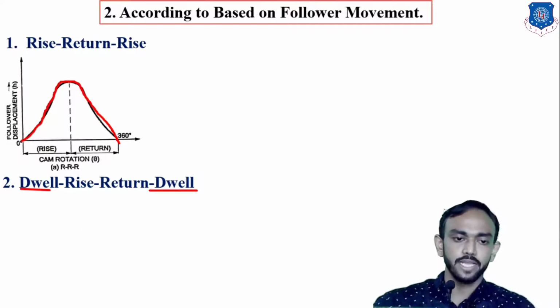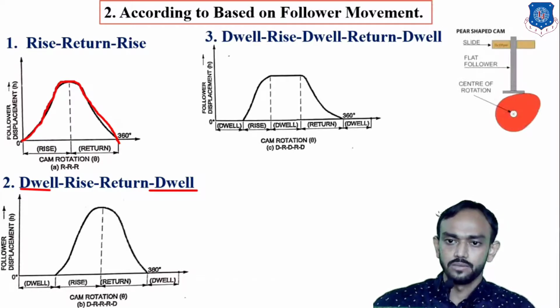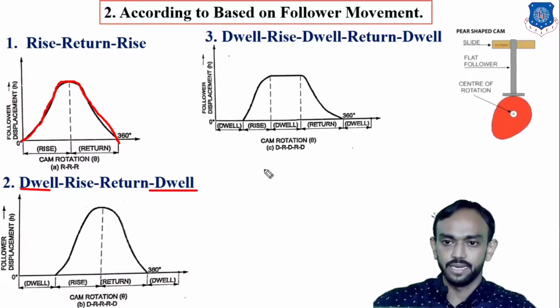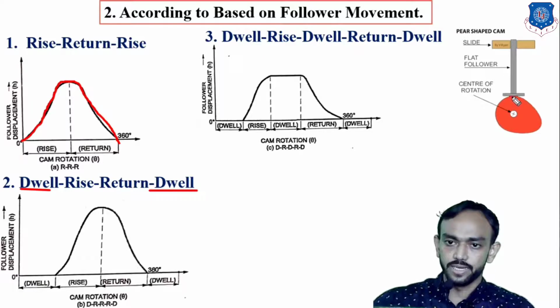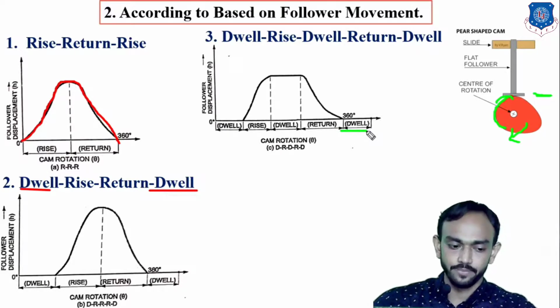You can check this diagram: from this point on the profile of the cam up to this point, the cam is rotating, but the follower will be here, in steady condition.